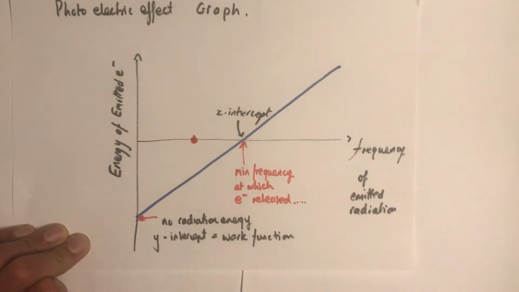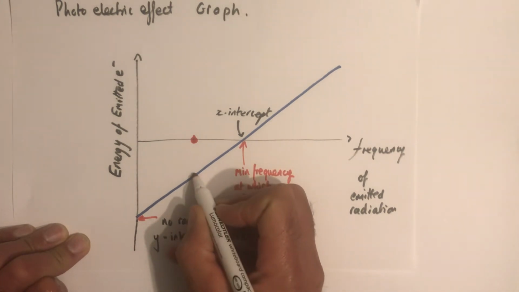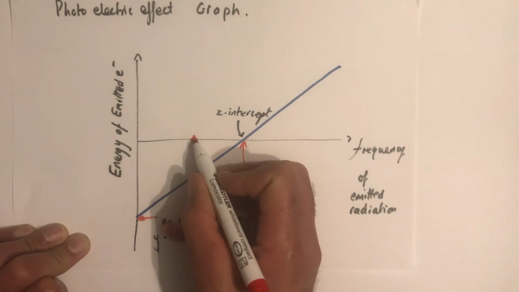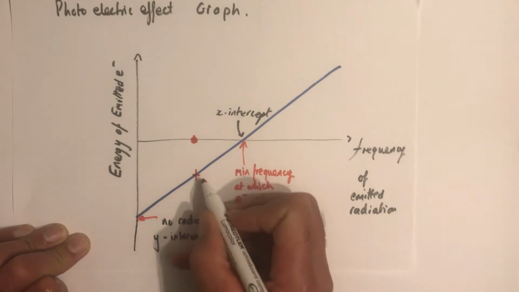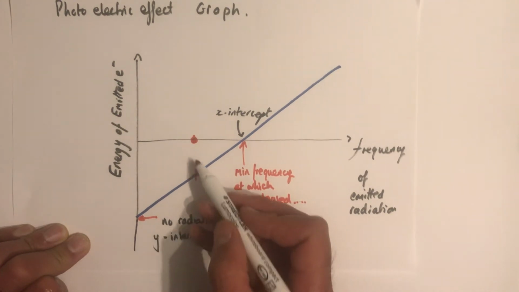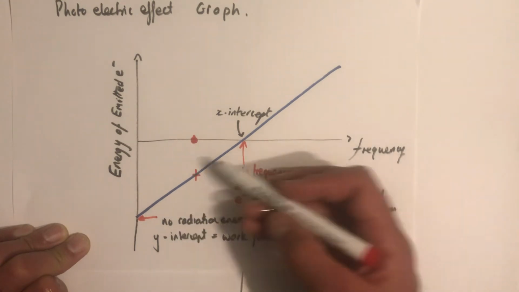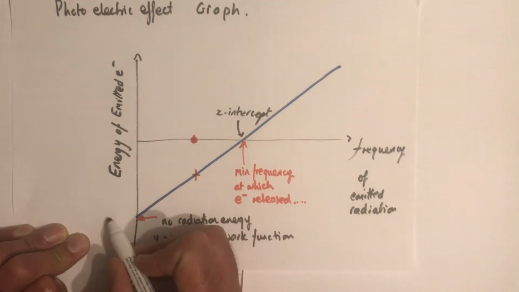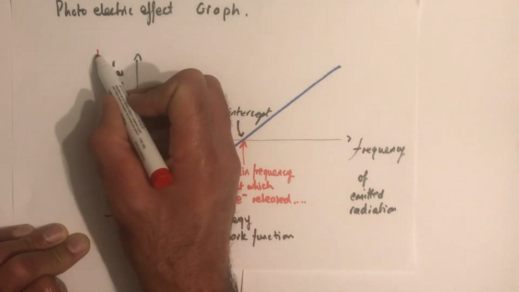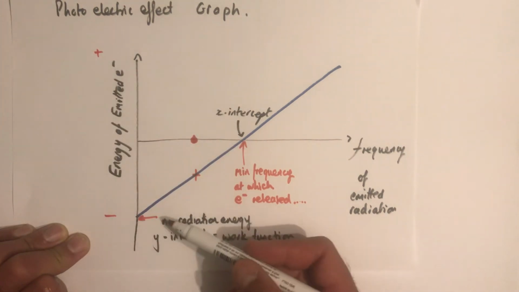Now, at this point, the energy of the red light here, for this particular system, the energy of the electron emitted is negative, i.e. it's not emitted. Okay, so the electron is still bound.